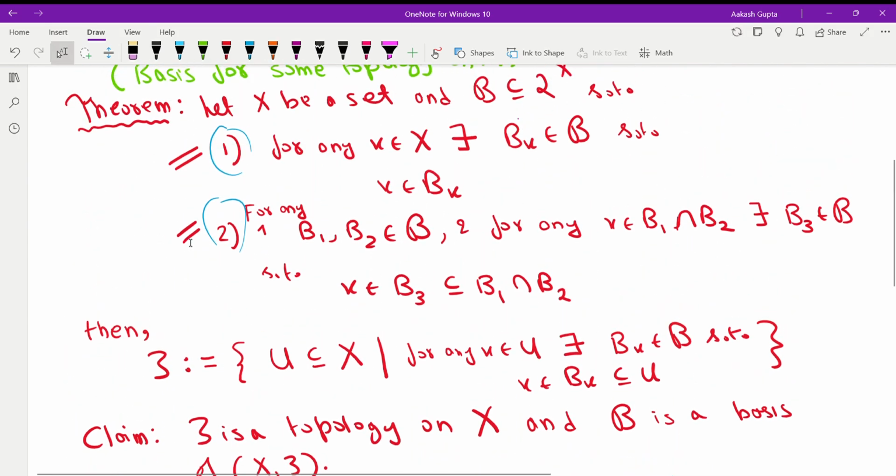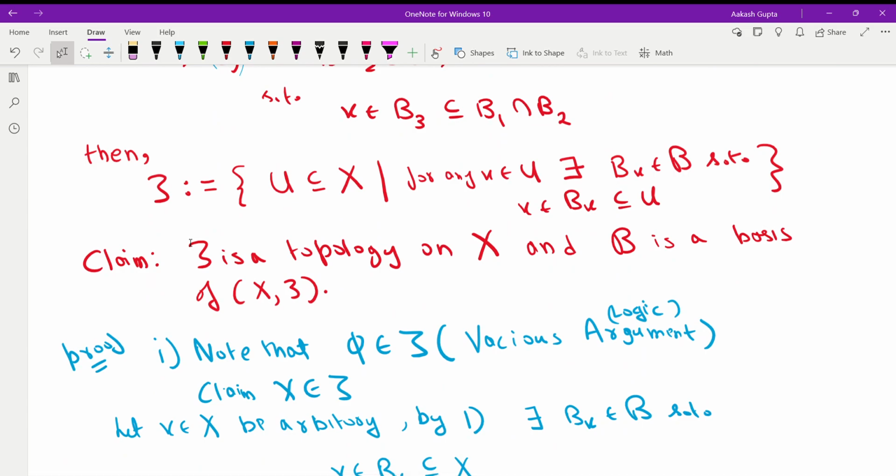I will not be going up again and again because I know what is 1 and what is 2. It is advisable, whenever you see these lectures, to make use of your pen or pencil, because it is very important to write so that you can keep up with the flow of the lecture.